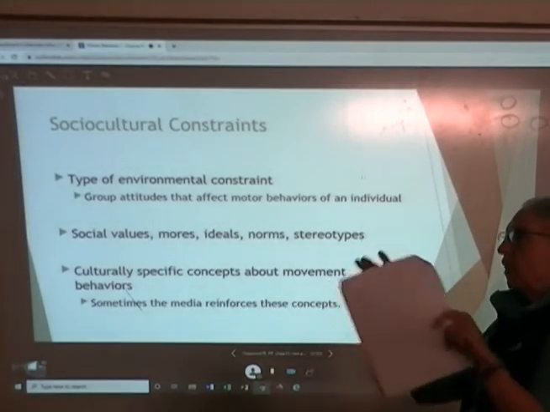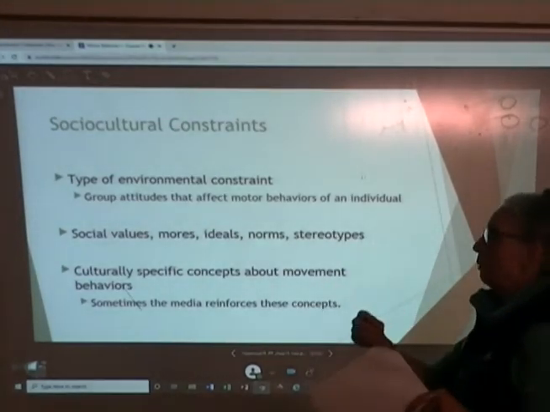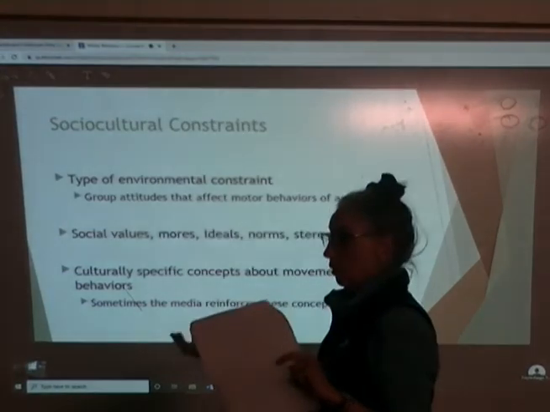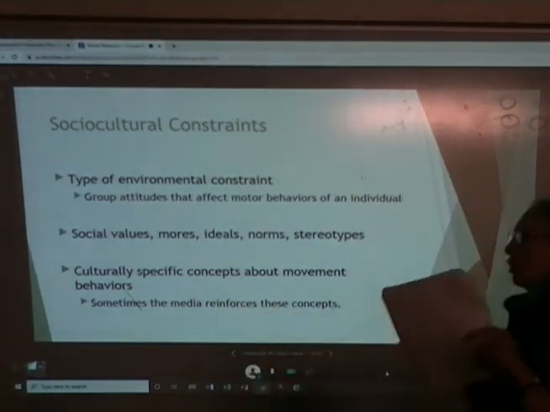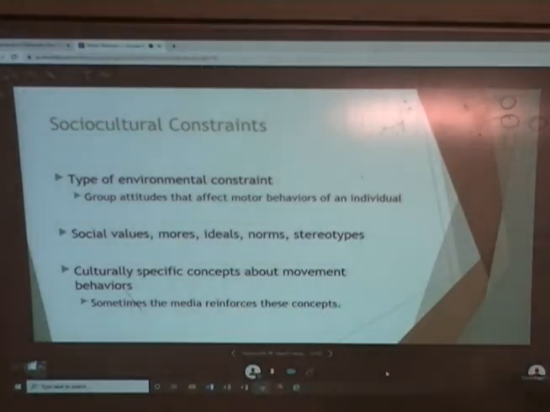It could be the family group. It could be your peer group, all right? But the attitudes of the group have a strong impact on motor development, which might seem a little bit odd to begin with until we dig into this idea, all right?